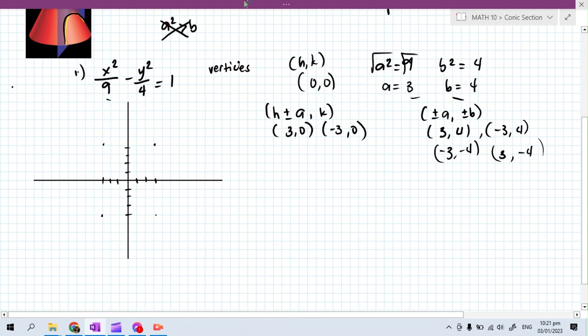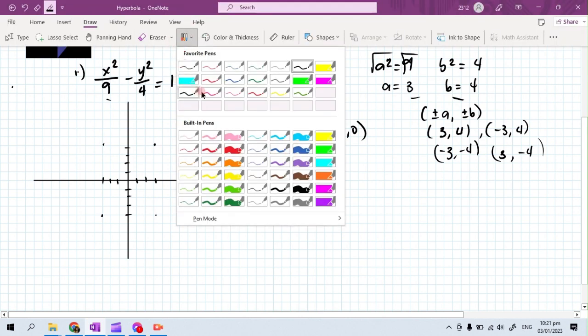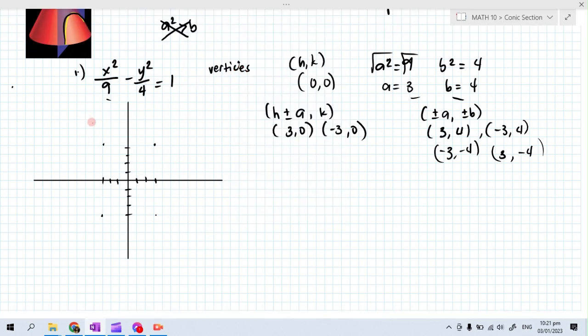So it will look like this. Let's change the color of our pen to blue. Our asymptotes will look like this.